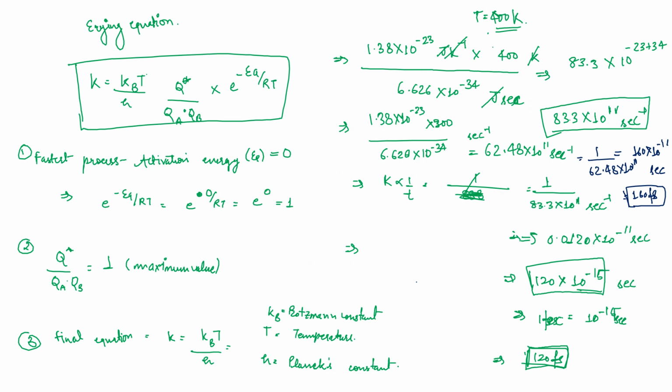If we are asked to calculate the fastest possible reaction, considering that the activation energy will be zero, with the function of temperature, this k will be varied, keeping the value of all constants. Keeping the value of Ea to be 0, and also the partition function, you can calculate the value of k, which is the rate constant in the unit of centimeter inverse.